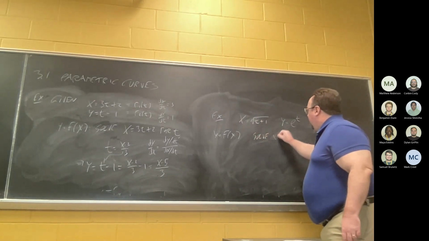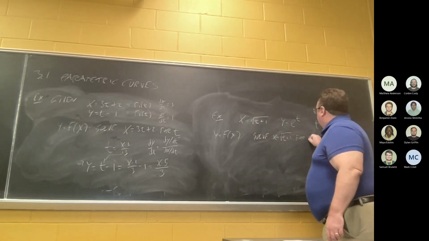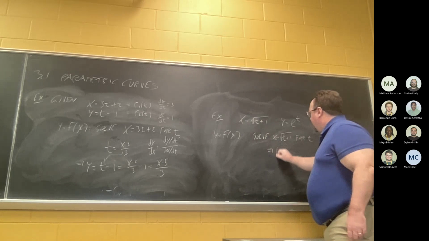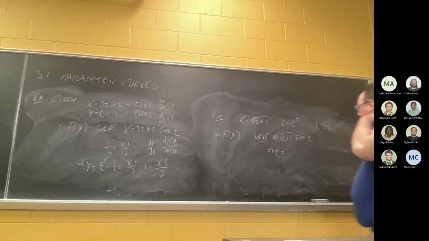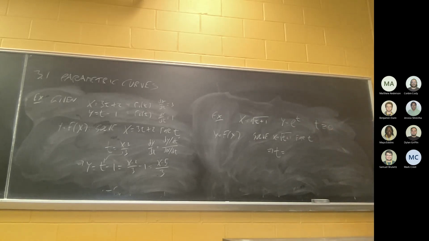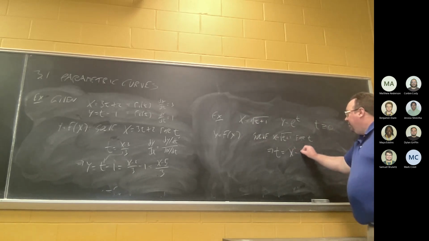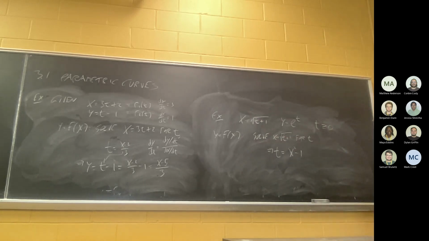X is the square root of t plus 1. Solve for t. And what will I get for that? Minus one. Yeah, so t turned out to be x squared minus 1. I square both sides to get x squared is equal to t plus 1.